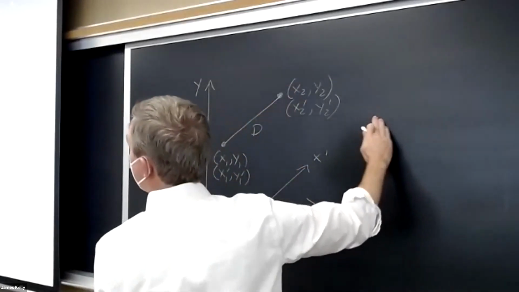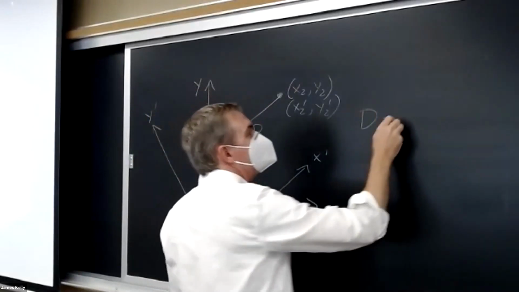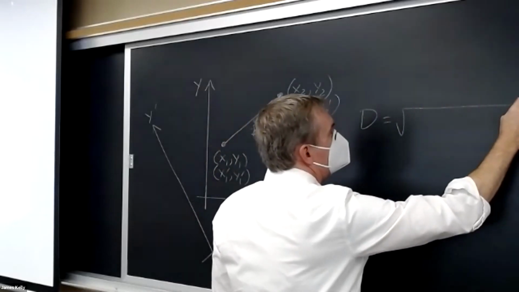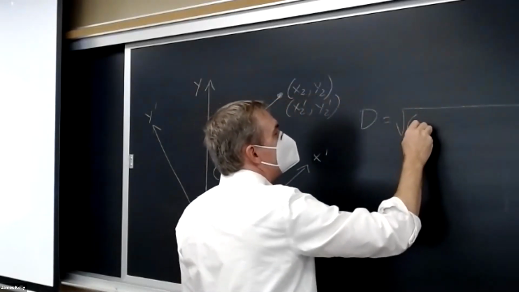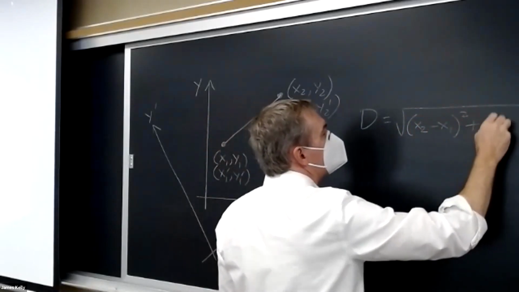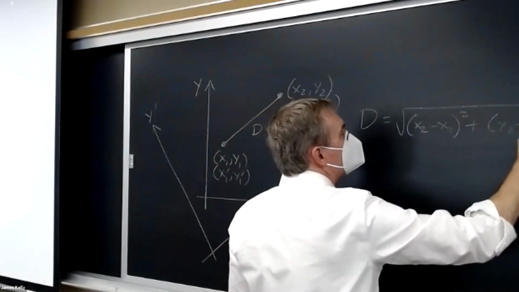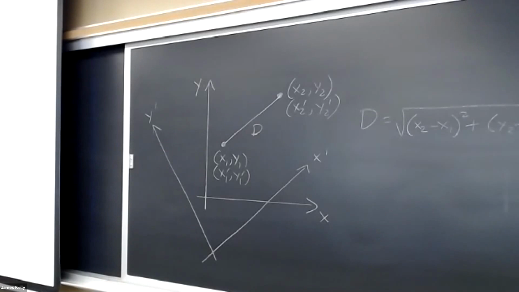One way to calculate the distance is using what's called the distance formula, right? The distance is equal to the square root of (x2 minus x1) squared plus (y2 minus y1) squared. That tells me how far between the points.